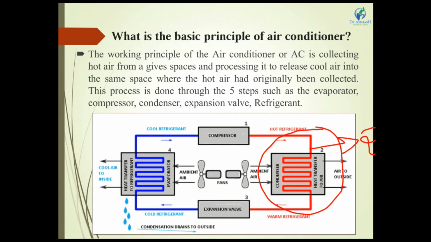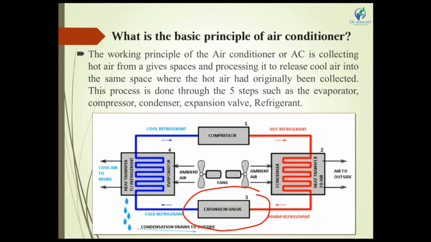At the condenser, the pressure remains constant and the temperature goes down. That is called the heat rejection process, or heat being absorbed from the system, meaning heat absorbed from the refrigerant. Then the refrigerant passes through the expansion valve.